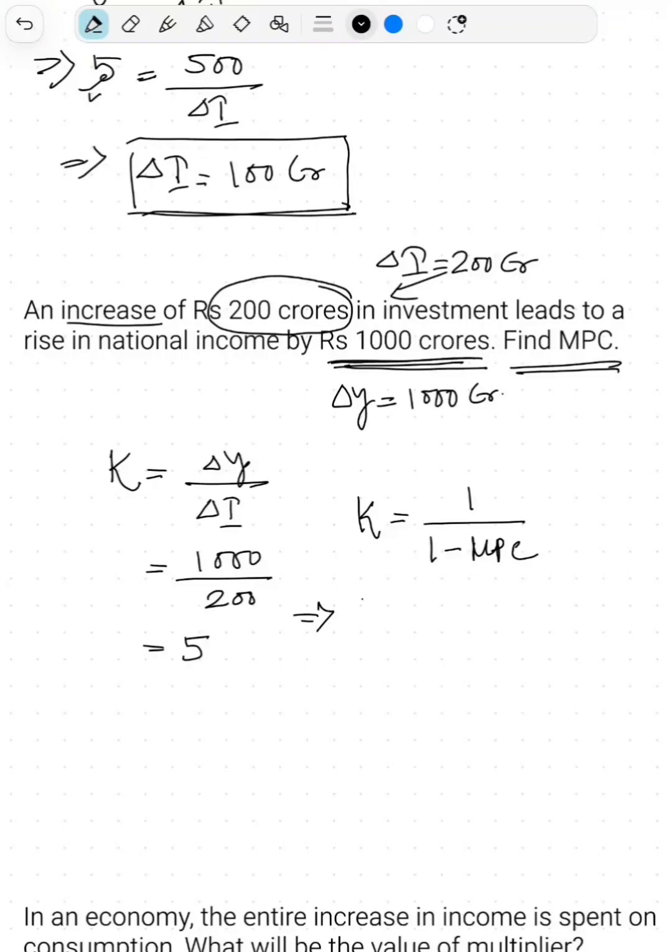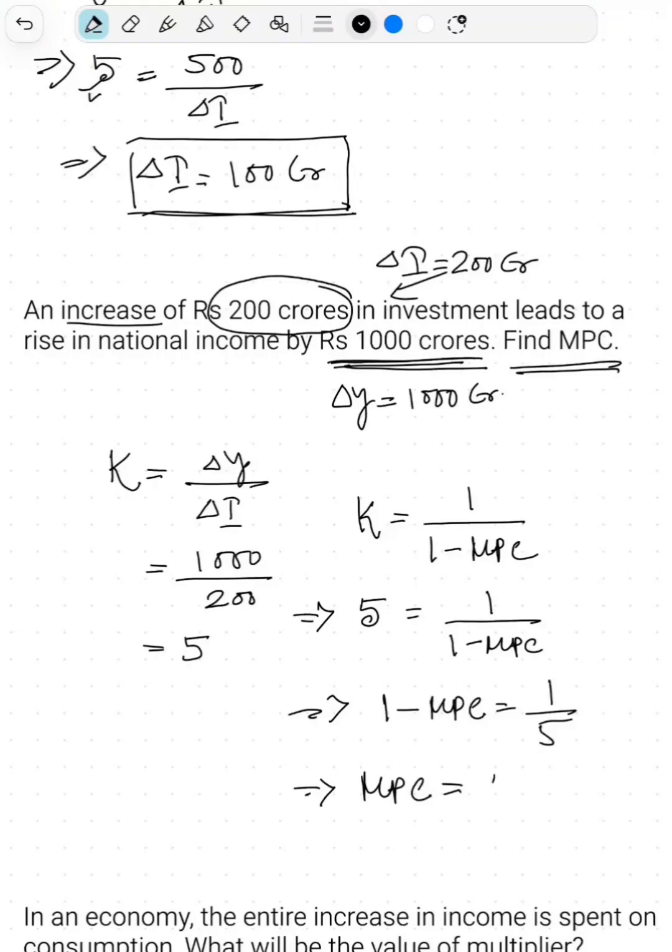We know the value of multiplier, it is 5, and since we have to find the marginal propensity to consume, we will simply cross multiply. So can I write 1 minus MPC is equal to 1 divided by 5? Therefore, MPC is equal to 0.8, the final answer. So you need to just cross multiply.